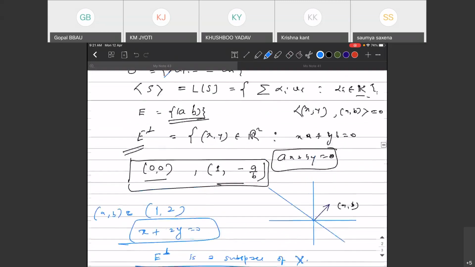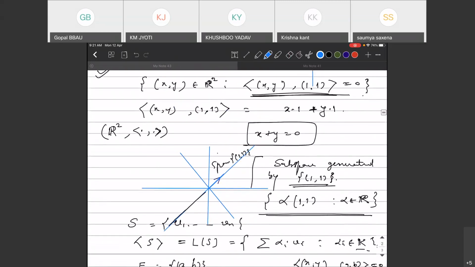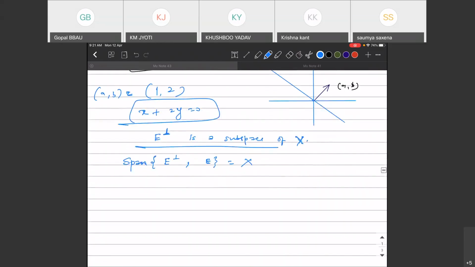See from our example, E was (1, 1), and this is your E perp. So what is the span of E perp and E, where E equal to (1, 1)?